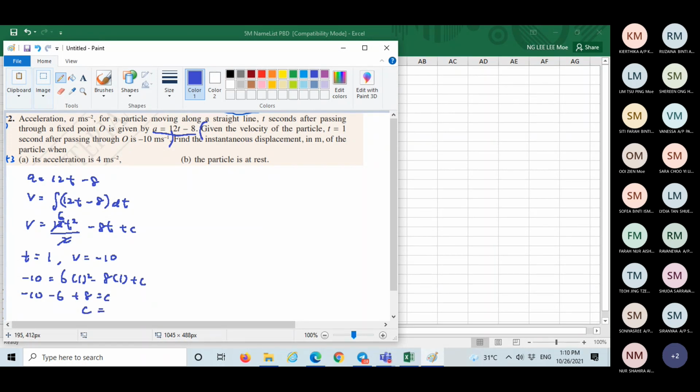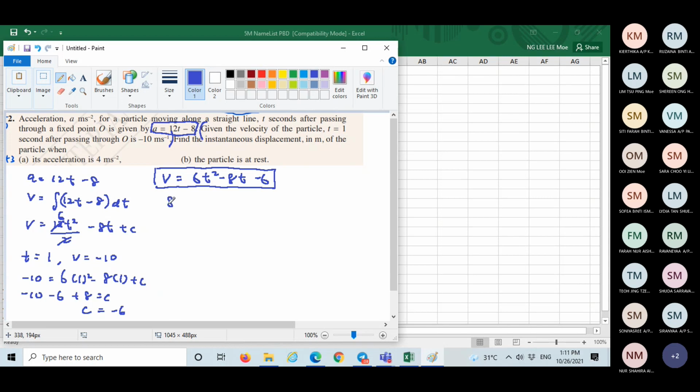So c is minus 16 plus 8, so minus 6. Correct? If I make any mistake, let me know. So 6t squared minus 8t minus 6. Okay, so this is my function of the v. I highlight it. The function of the a, I highlight it.